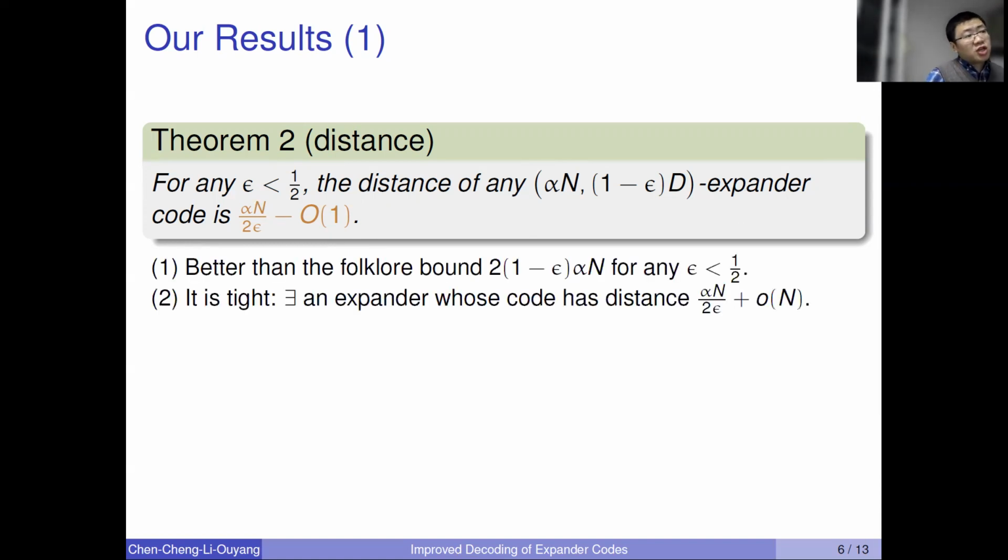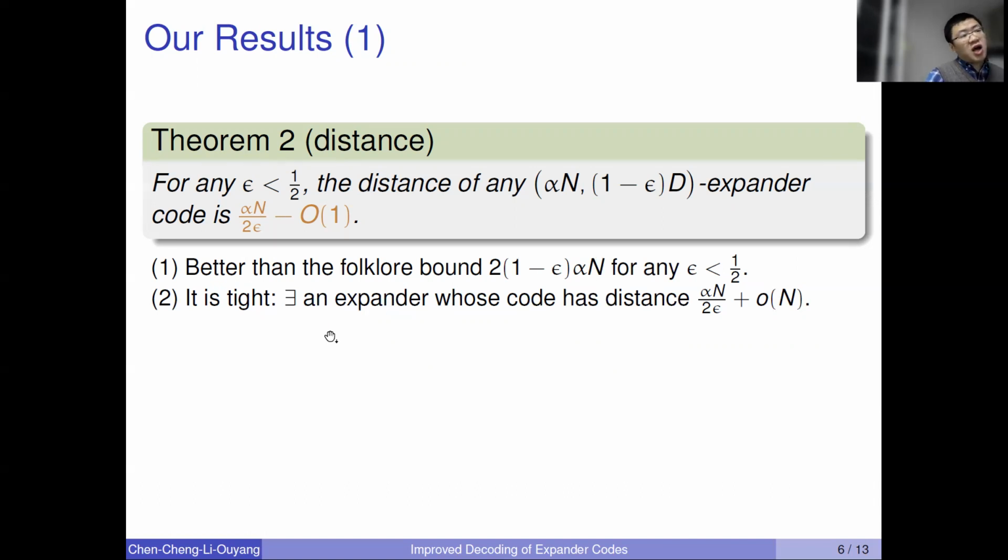Okay. The first comment is that this distance alpha n over 2 epsilon is always better than the folklore bound 2 times (1 minus epsilon) alpha n for any epsilon less than half, by a Taylor expansion. So in fact, this is much larger than the folklore bound when epsilon is tiny, greater than the folklore bound by a factor of order 1 over epsilon.